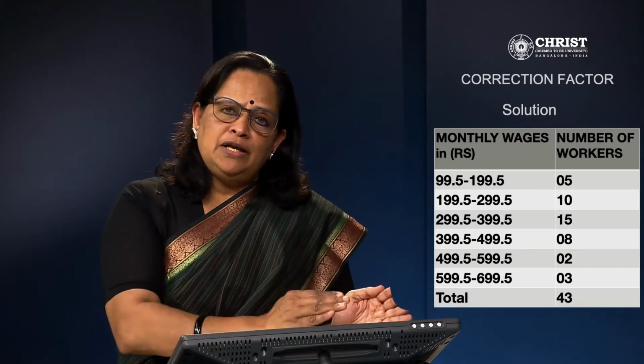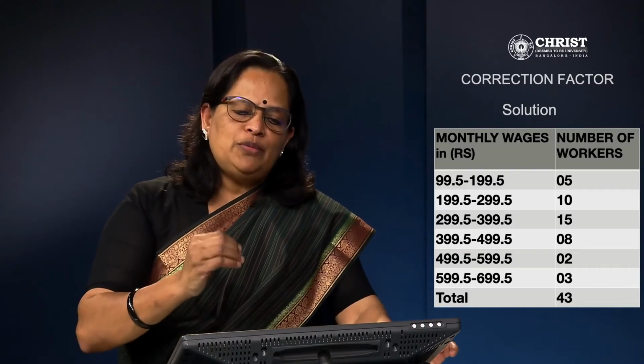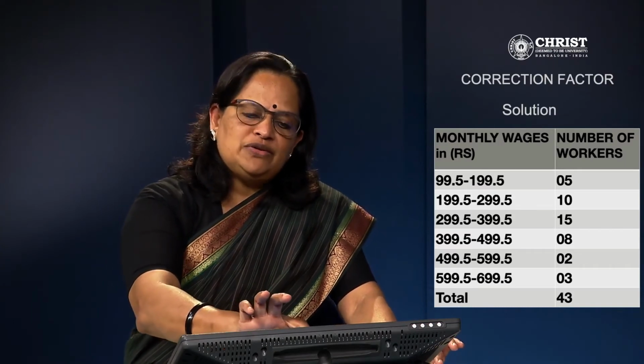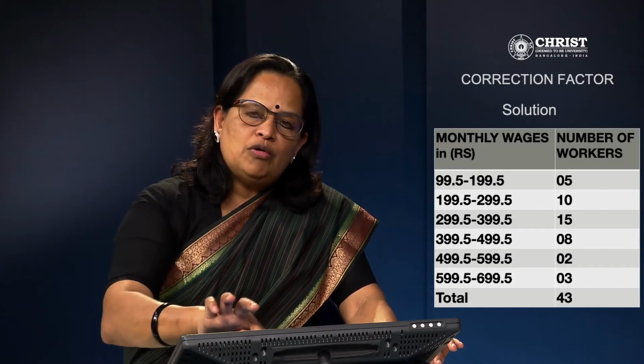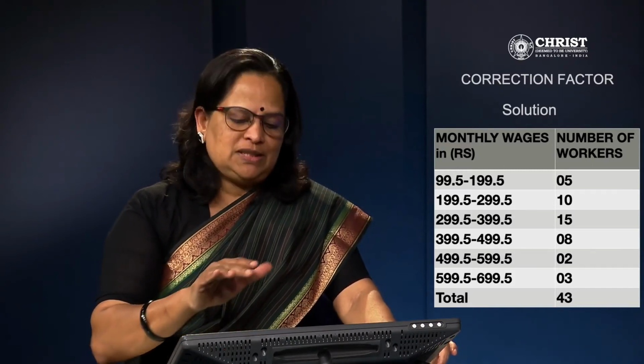Now the earlier inclusive class has been converted into an exclusive class. What is the advantage? The upper limit of the first class and the lower limit of the second class will be the same throughout. So that is how we have converted inclusive class into exclusive class.